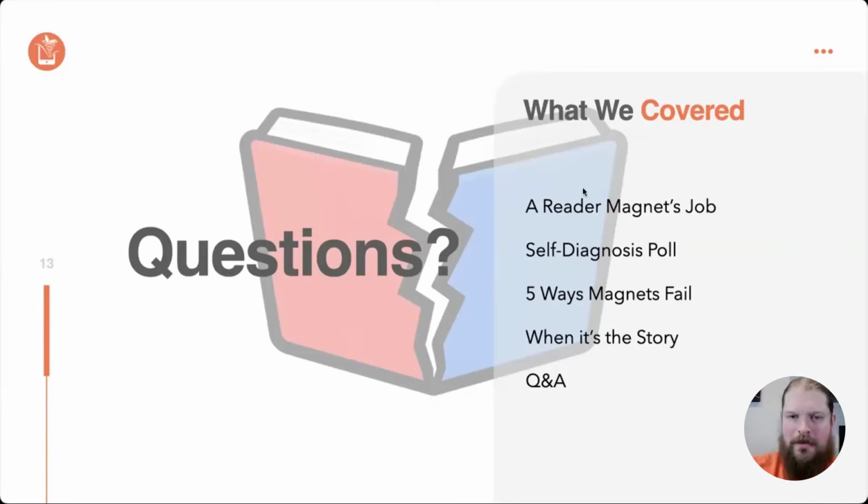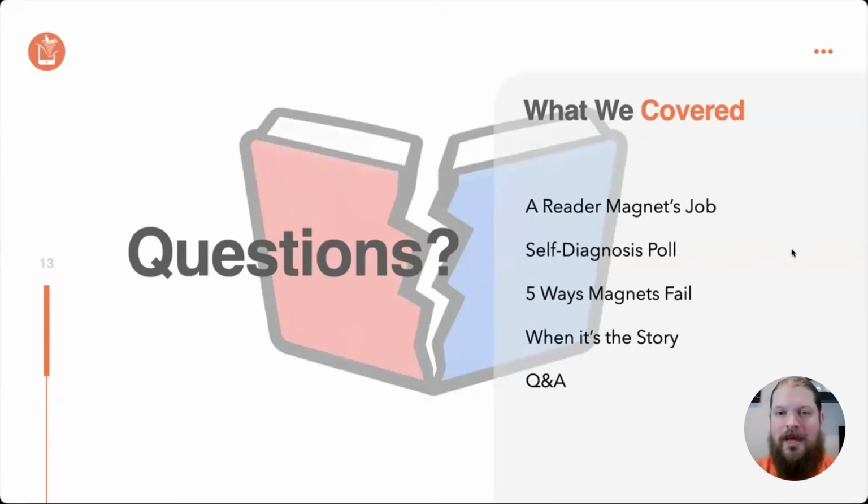There was one comment here, not a question, that I wanted to highlight from Karen. From a reader perspective, I found a few annoyances that authors should consider. If your reader magnet is a sample, not a full story, make sure the description clearly states that. This is something I preach all the time. I think samples are a great reader magnet, but I recommend you label it as a sample and give it away without asking for an email.